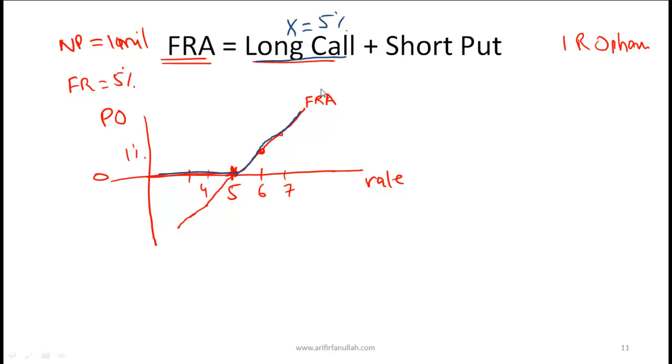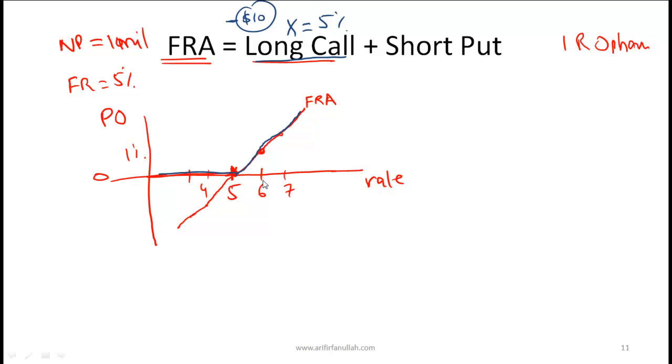So let's say that we pay a certain fee, and just for simplicity, let's say that we pay a $10 fee. So that's a loss, or money out, of let's say $10 to get into this long call position. And as you saw earlier, with a long call, so interest rate call option, long position means that if interest rate is more than 5%, then we would exercise the option and we benefit.